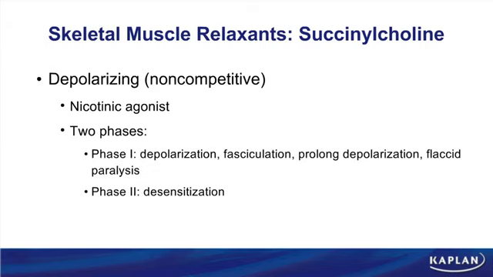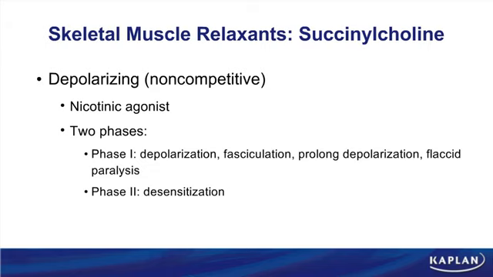In fact, as we continue on in what's called phase 1 of the action of this drug, depolarization, fasciculation, ultimately leading to a flaccid paralysis. You see, nicotinic receptors are readily desensitized. When you give somebody succinylcholine, it will continue to stimulate those nicotinic receptors until they stop responding.